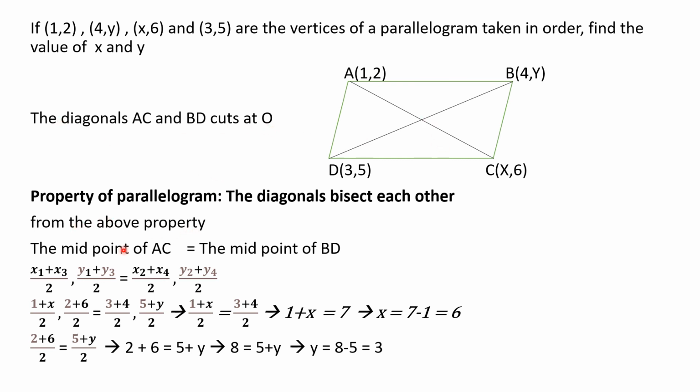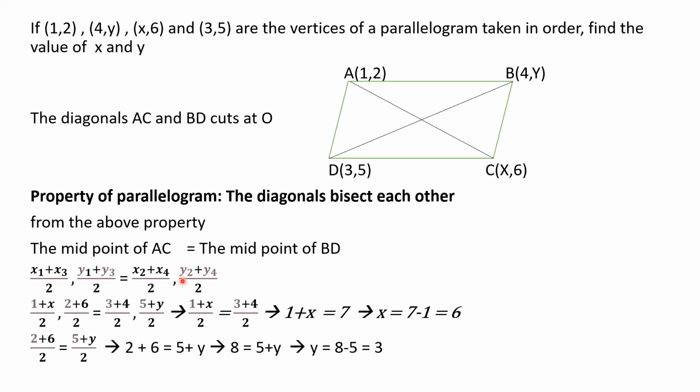From the property, we can say that the midpoint of AC equals the midpoint of BD. So x1 plus x3 by 2 comma y1 plus y3 by 2 equal to x2 plus x4 by 2 comma y2 plus y4 by 2, right?